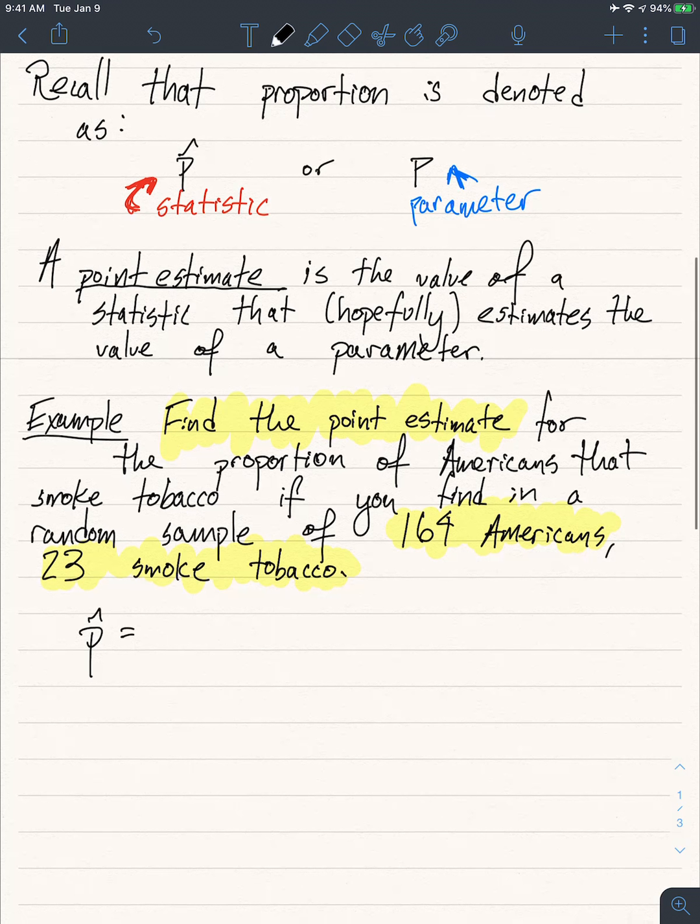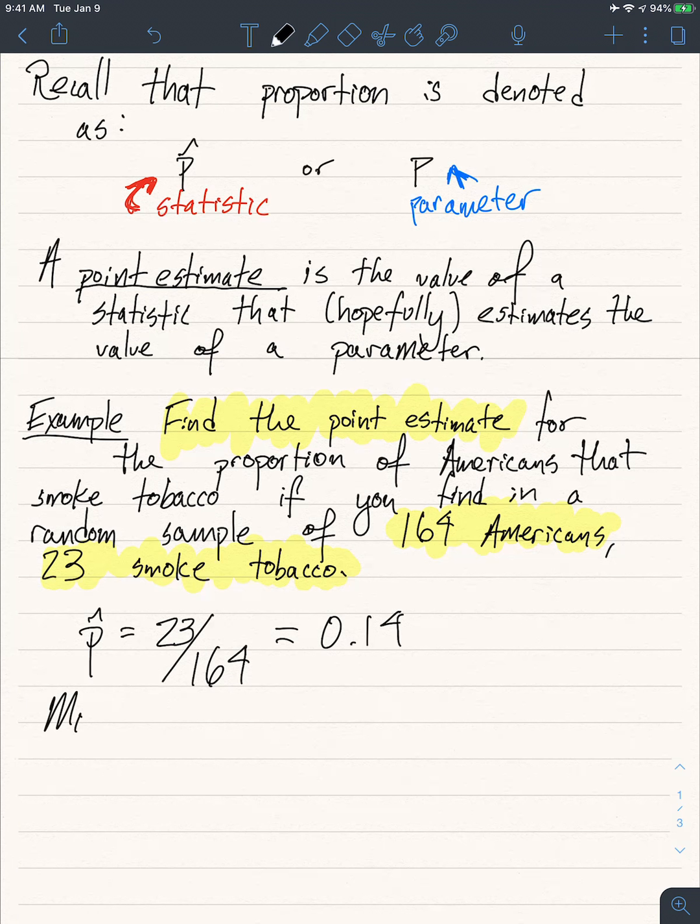We found my p hat. We found 23 out of 164 say they smoke, and using our calculator, that means that we have 0.14, that actually kind of rounds exactly to 0.14 as the proportion of Americans that smoke tobacco.